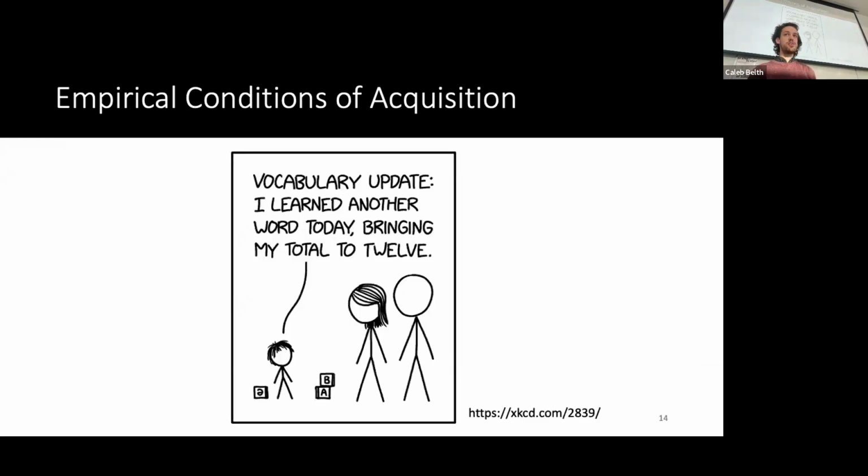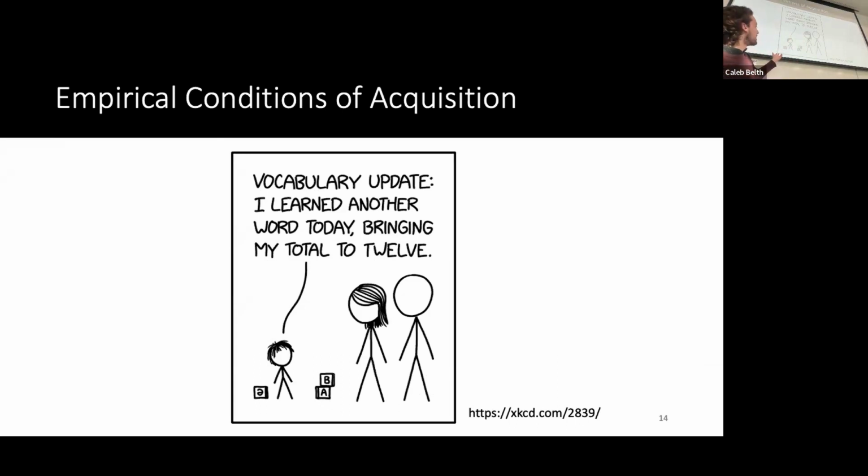Here's a cartoon illustrating the point from XKCD. Here's a child. Wait for the screen to come back on for a second. Okay, here's a child who's just learned a 12th word. And if you count the words in this expression, there's 12 words there, right? And yet out pops a fully well-formed 12-word sentence immediately after learning the 12th word.